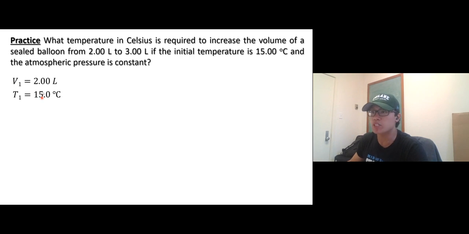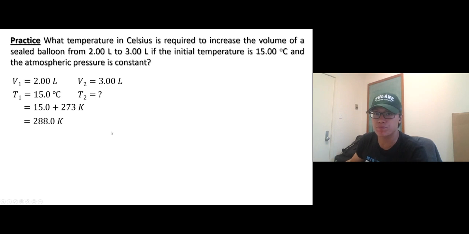So that's situation 1, 2 liter, 15 degrees Celsius. Situation 2 is 3 liter. Now, what's the temperature? Since we are about to use the equation, we have to convert degrees Celsius to Kelvin. So add 273, you get Kelvin.